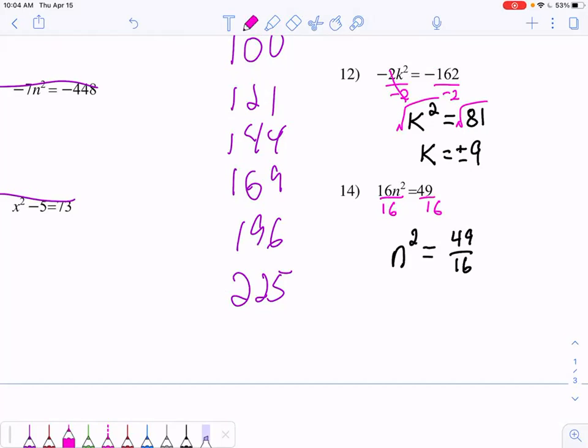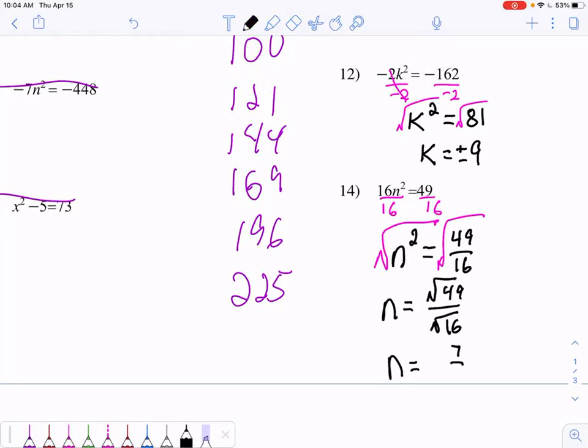And then what do you do next, TJ? Take the square root. And we can use the quotient property, where you get the square root of 49 on top and then the square root of 16 on the bottom. TJ, what is the square root of 49?